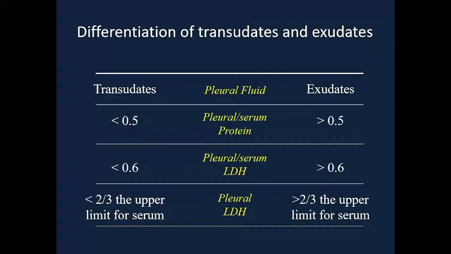The other thing that you could do is just do a straightforward pleural LDH, and if it is less than 2/3 of the upper limit for the serum level, that is a transudate. If it is more than 2/3 of the upper limit of the serum level, that is an exudate. So this is how we differentiate between transudative and exudative pleural effusions.